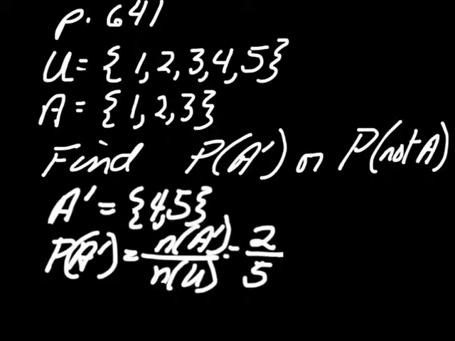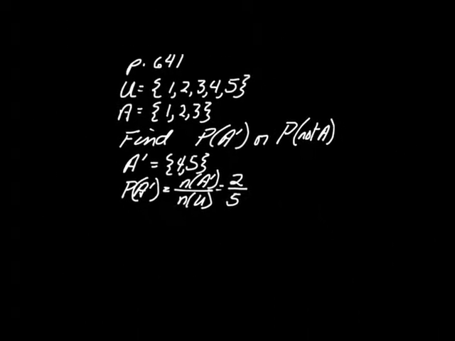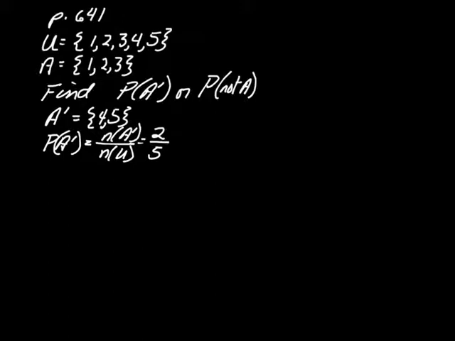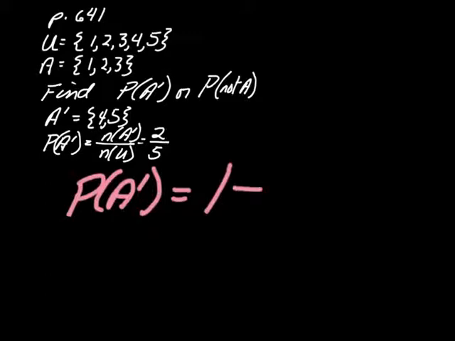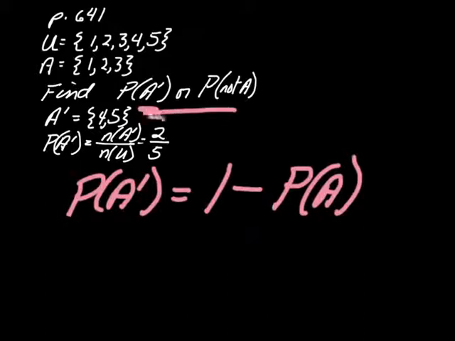So what I would like to do is expand this just a little bit and do this by the formula. What would be different if I did it by the formula? Well, the probability of A complement is always going to equal 1 minus the probability of A. What this does is prevent us from having to actually find A complement in a situation.